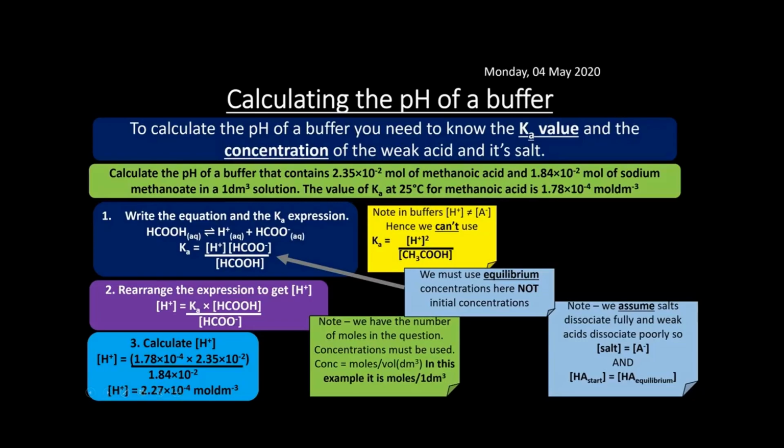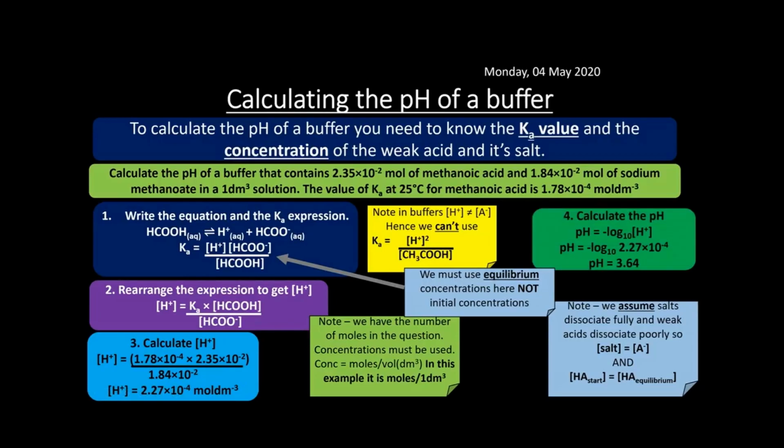So the amount of H plus is 2.27 times 10 to the minus 4. Then the final thing is we need to work out the pH. pH is minus log H plus, so pH equals minus log 2.27 times 10 to the minus 4. The pH is 3.64. Okay, so that's quite tough.